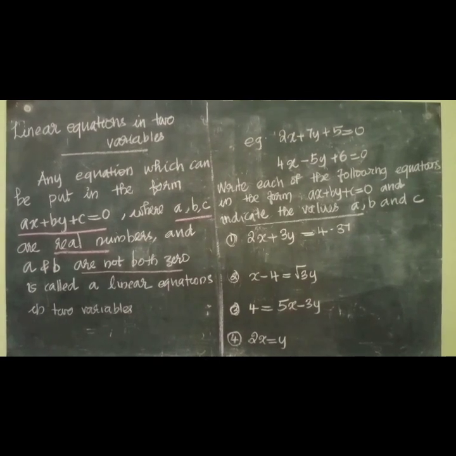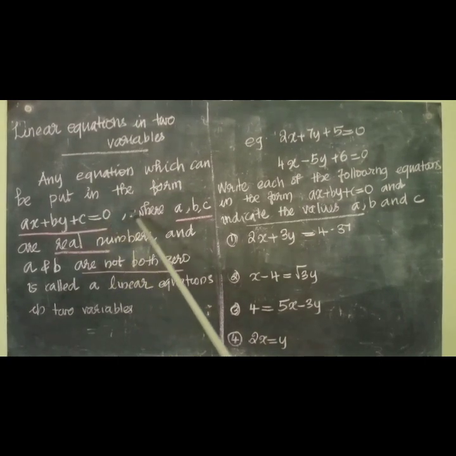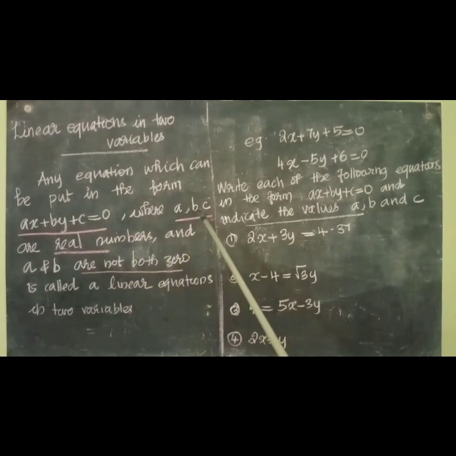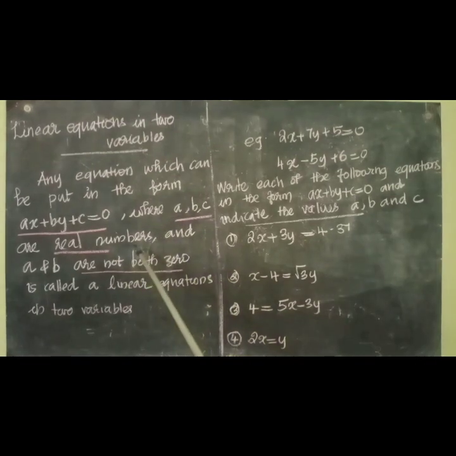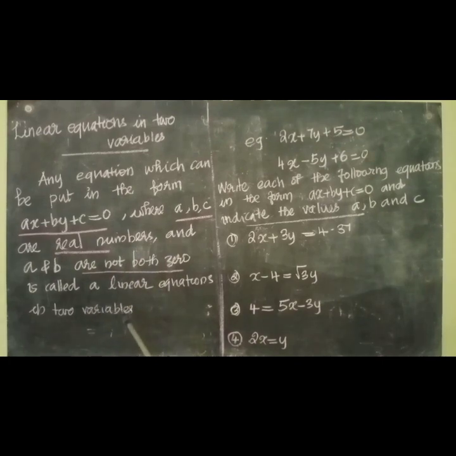Any equation which can be put in the form ax plus by plus c equal to 0, where a, b, c are real numbers and a and b are not both 0, is called a linear equation in two variables. I will explain it with the example 2x plus 7y plus 5 equal to 0.